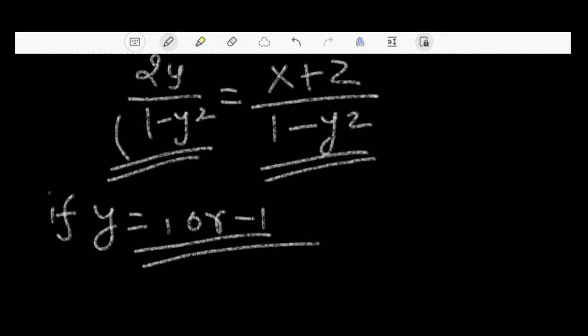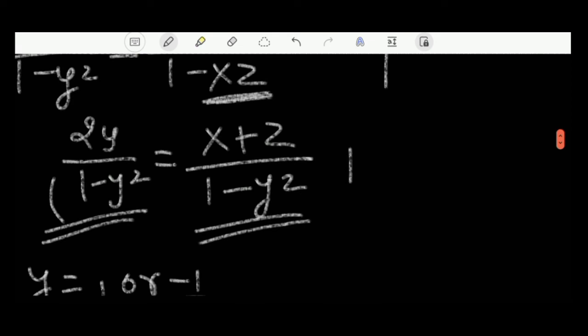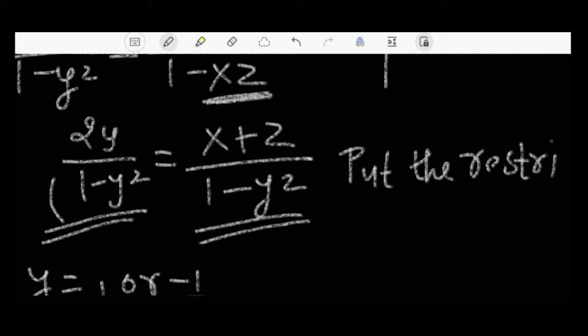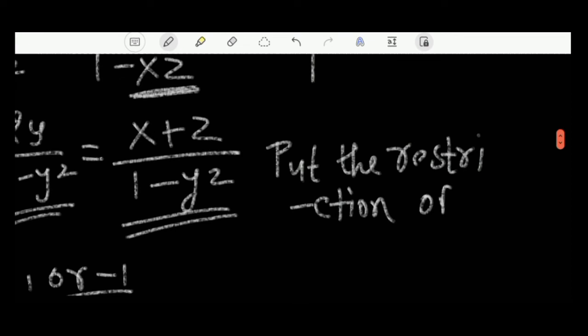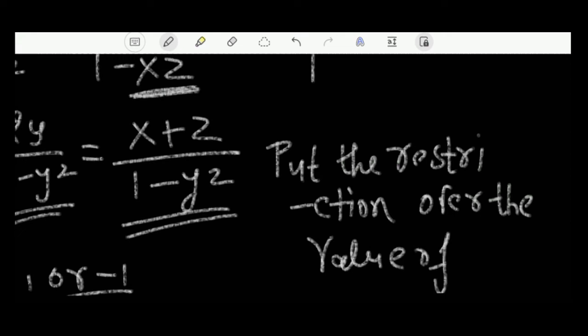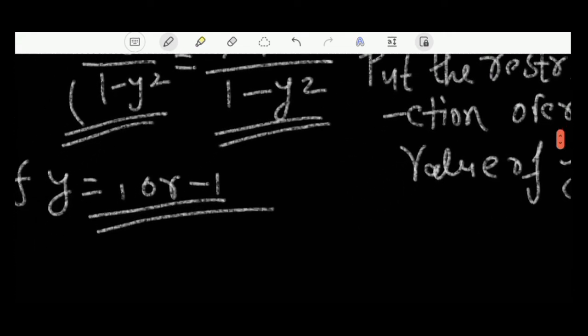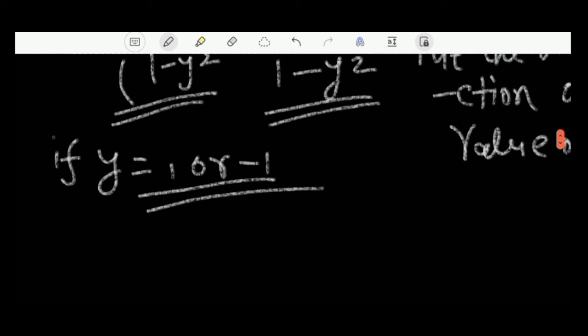So if you want to cancel them out, then you have to put a restriction on the value of y, that it cannot be equal to 1 or minus 1.